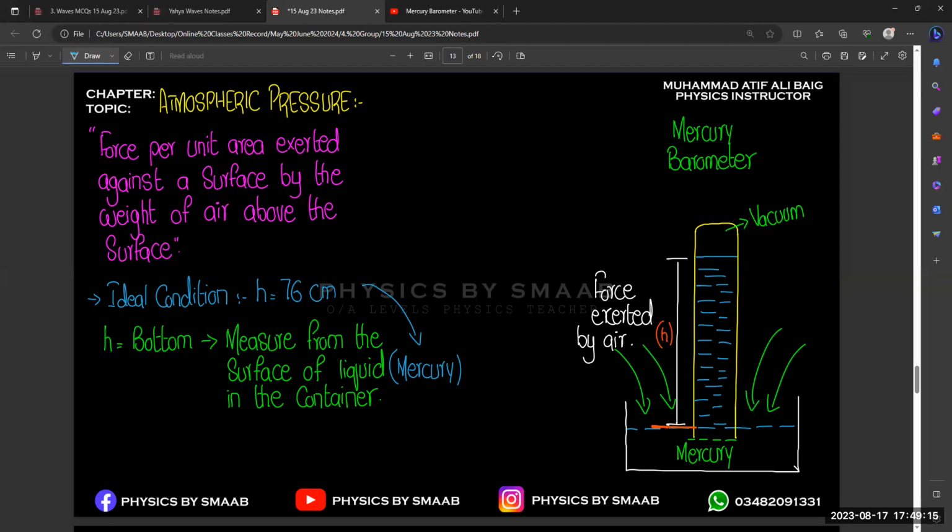So if we perform this experiment at high temperature, mercury will not start to evaporate, because its boiling point is very high, whereas water will evaporate even at normal conditions. That's why we are not using water as the liquid in this experiment.